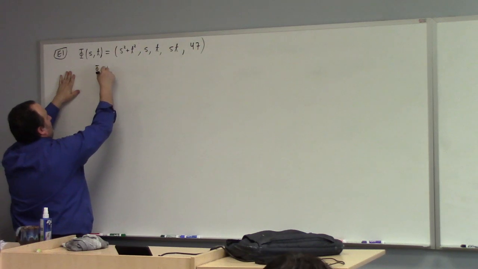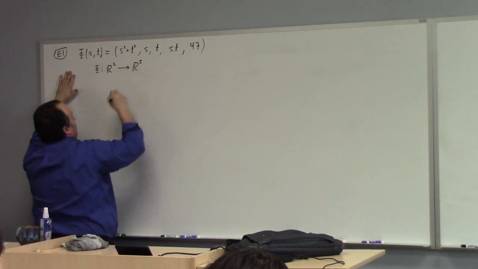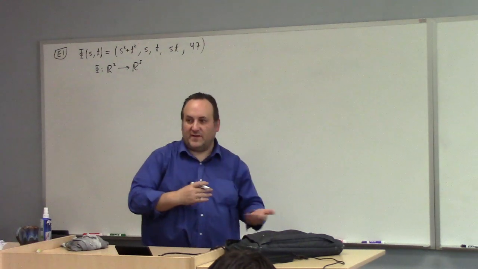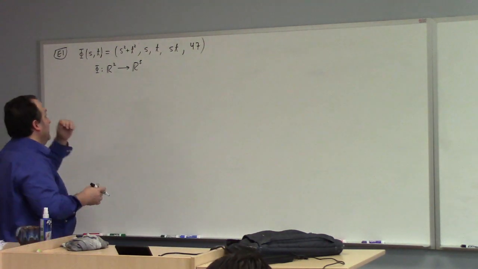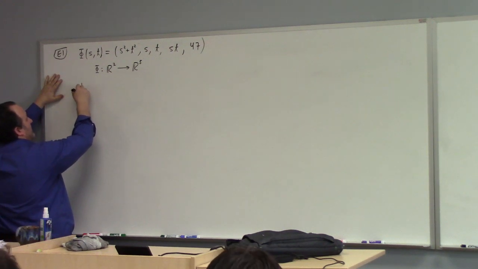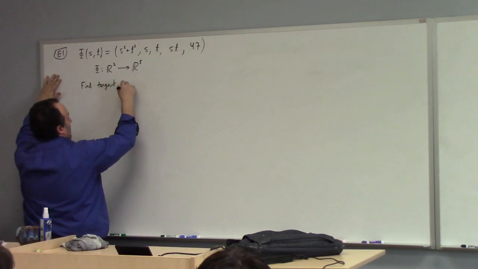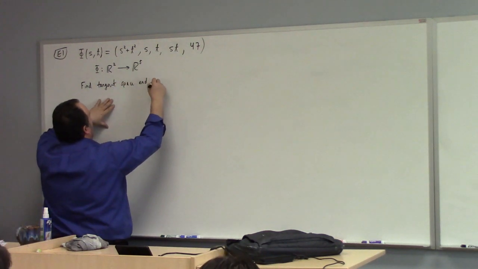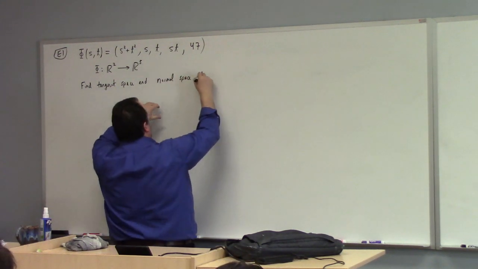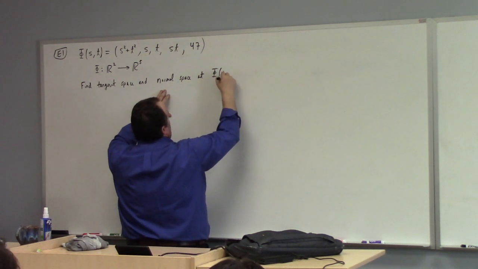Okay, so phi here is a mapping from R2 to R5. All right, and so this is a parameterization of a surface in 5 dimensions. Let's try to find the tangent space and normal space at phi of, I don't know, (1, 2).